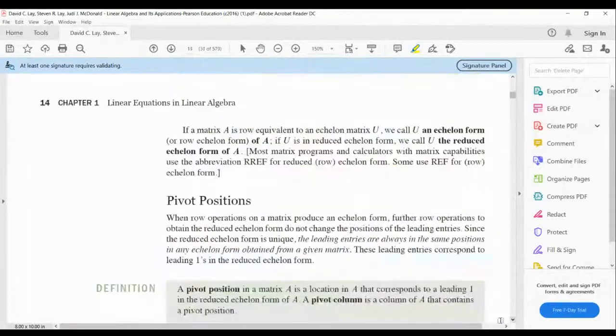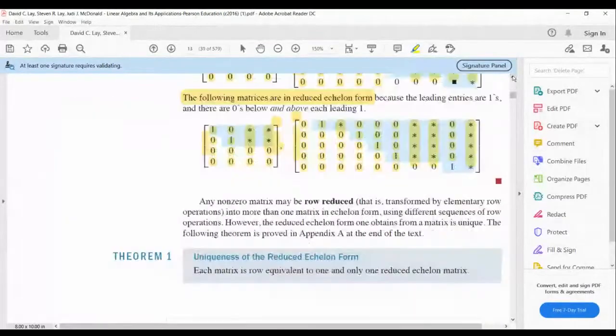here's one of the things about reduced echelon form: every matrix is row equivalent to one and only one reduced echelon matrix. For instance, if each of you are solving an augmented matrix, and you do row operations and get the matrix in echelon form, people could have different echelon forms depending on their row operations.